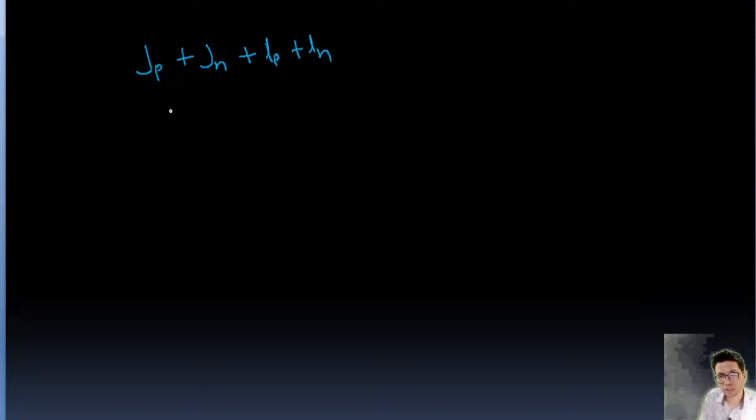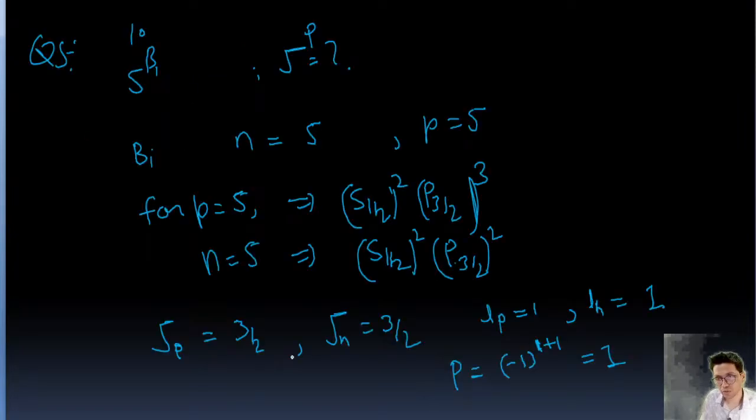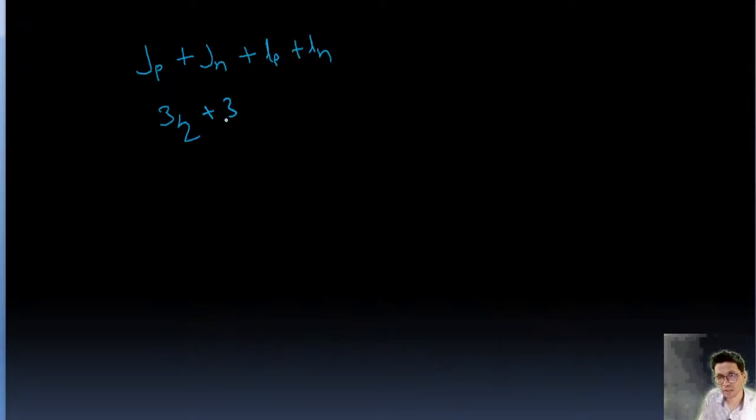Jp is 3/2, Jn is 3/2, Lp is 1, Ln is 1. So 3/2 plus 3/2 plus 1 plus 1, so the value is going to be 3 plus 2, which is 5.